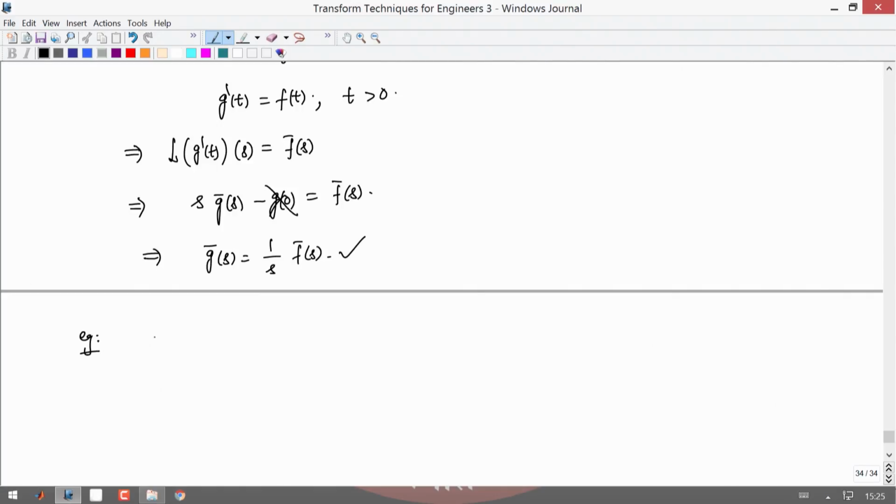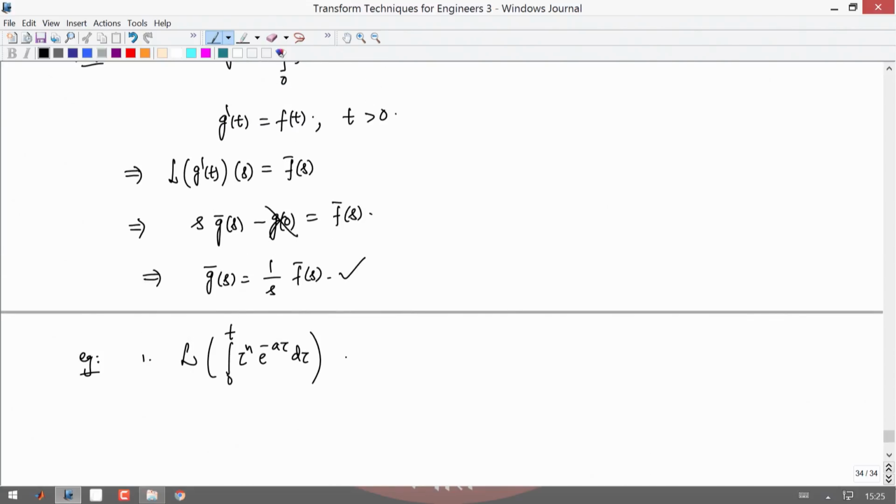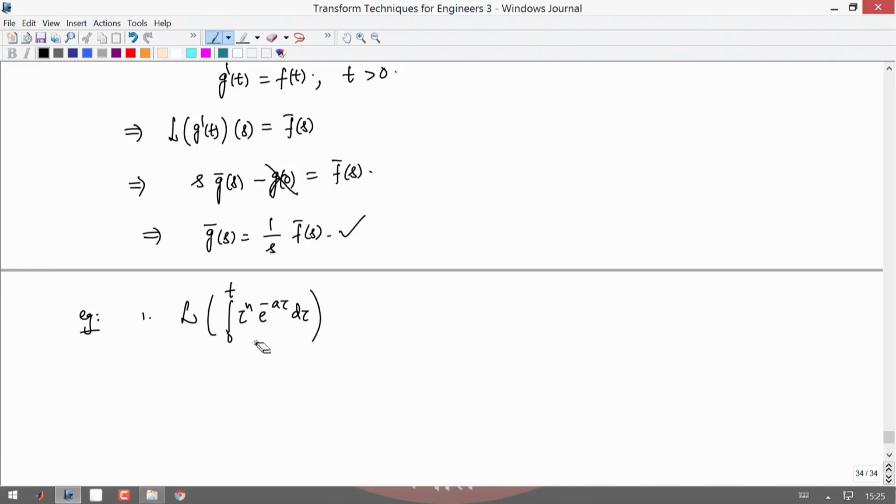How do you find the Laplace transform of the integral from 0 to t of tau power n e power minus a tau d tau? We already know the Laplace transform of t power n e power minus a t as a function of s. Because of the exponential function, t power n gives n factorial divided by s power n plus 1 without the exponential.